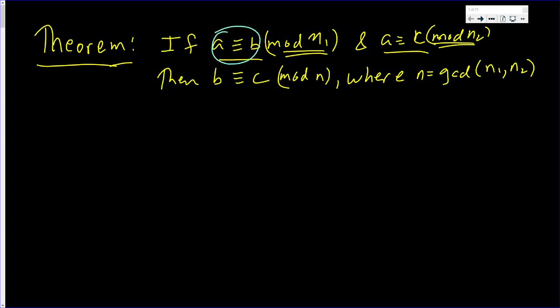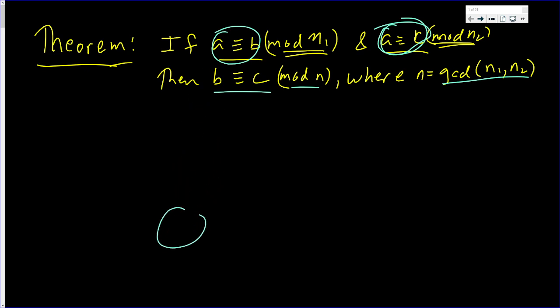If B is congruent to A, and A is in turn congruent to C, then you have B is congruent to C with a new mod. That mod N is the GCD of N1 and N2.